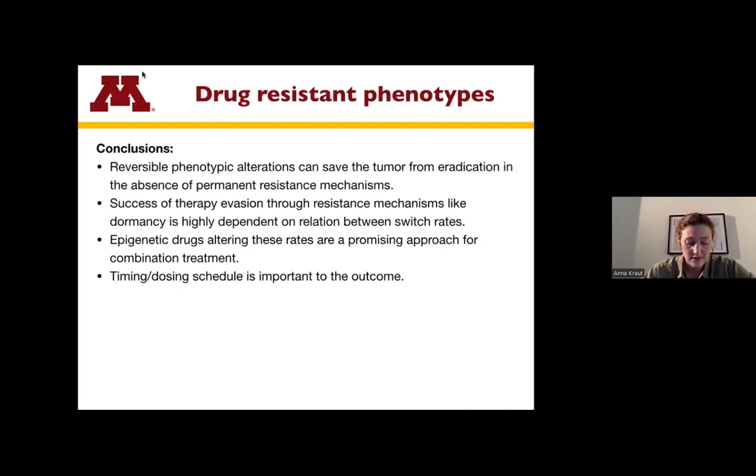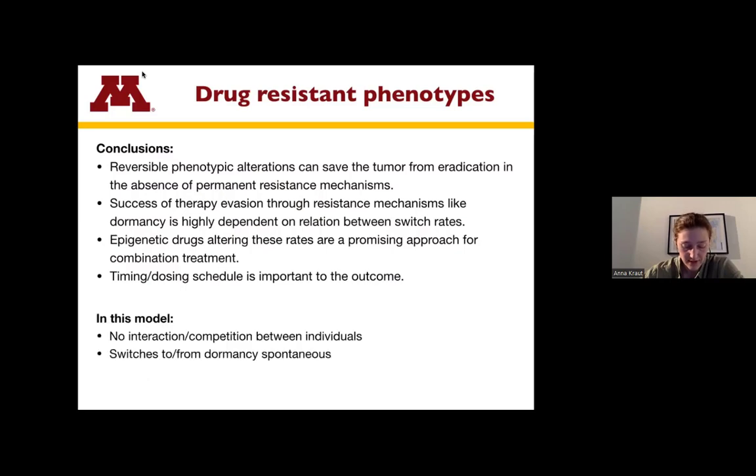We see that the success of therapy evasion is highly dependent on the relation between the rates of acquiring resistance and losing it again, and that epigenetic drugs that alter these rates could be a promising approach in combined treatment, but it's also very important to pay attention to the timing of these treatment schedules and when to manipulate these switch rates.